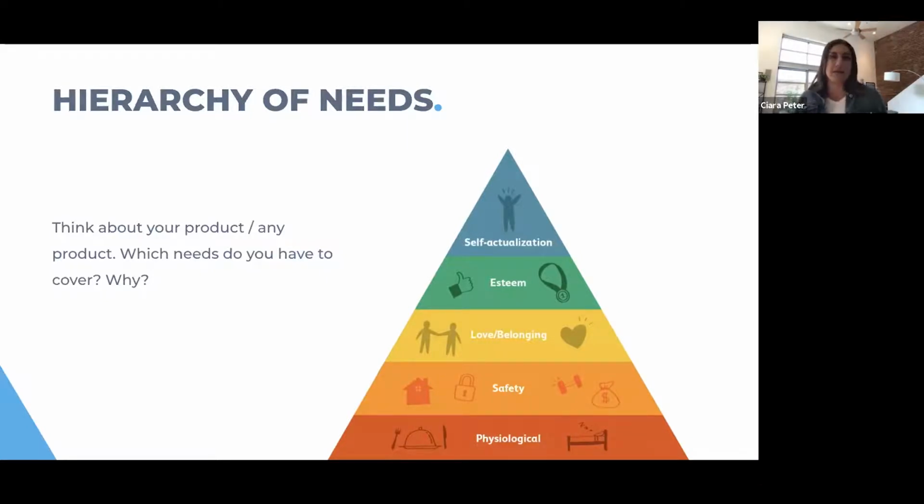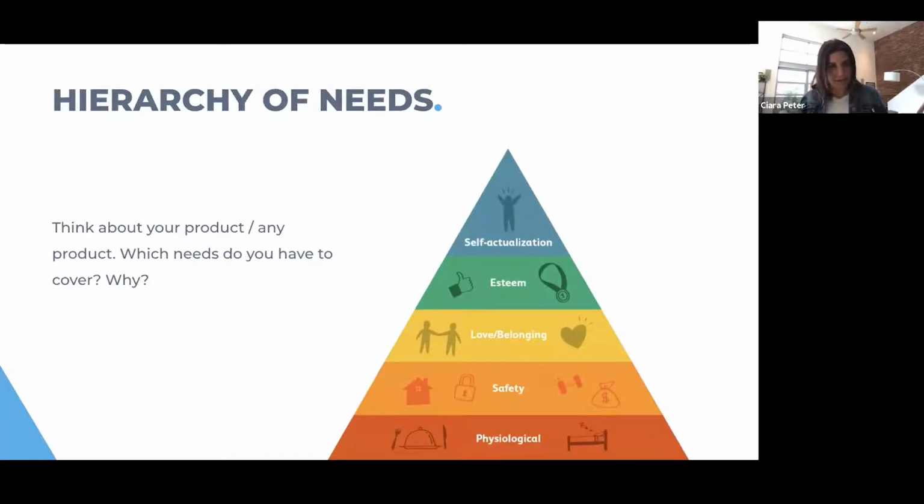You want to connect with others. You want to maybe build your reputation, which could be in the esteem category. But now that we're all at home, these things become critical for us to consume news, know what's going on in the world, etc. So I bring this up because I want you to think, what is the most important need I'm solving right now?